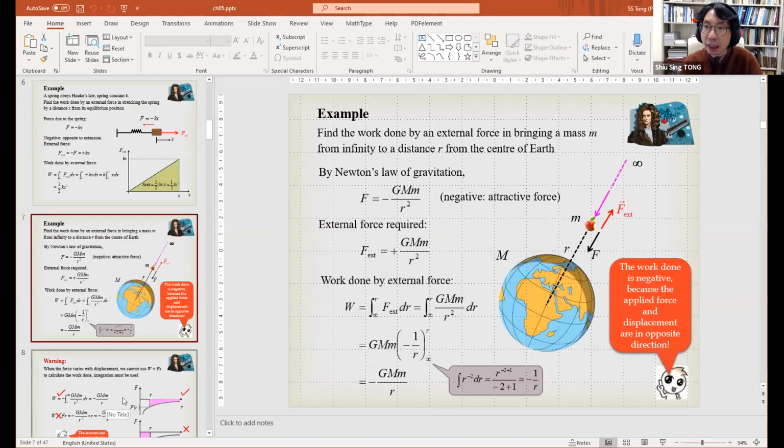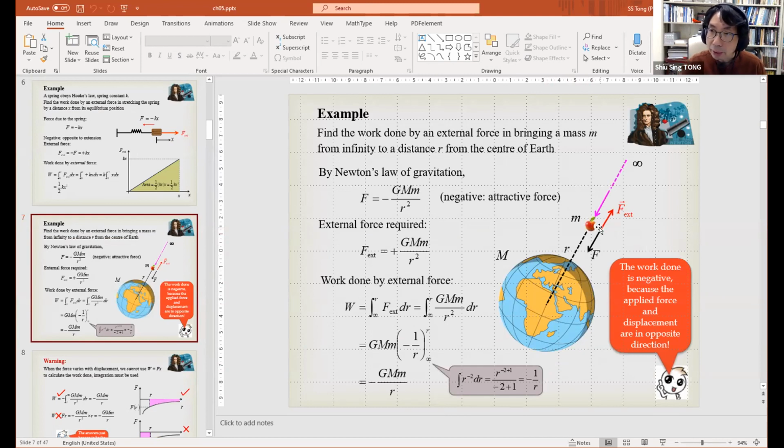We also have studied another case of a body placed at a certain distance from the Earth. Suppose we place an apple at a certain distance from the center of the Earth. We call this distance r.